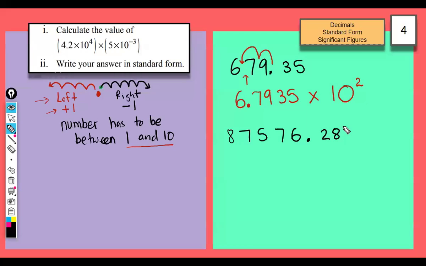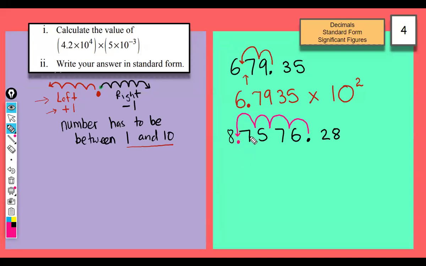But is this number between 1 and 10? No, it's clearly bigger than 10. So I have to move the decimal place 1, 2, 3, 4, so that it's in between the 8 and the 7.